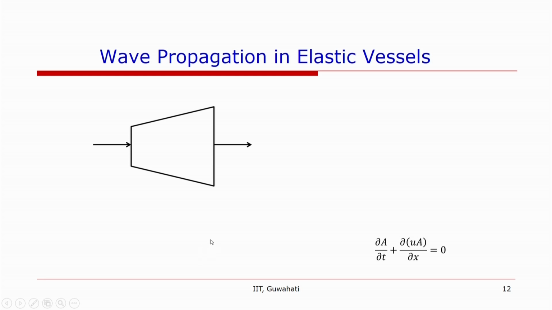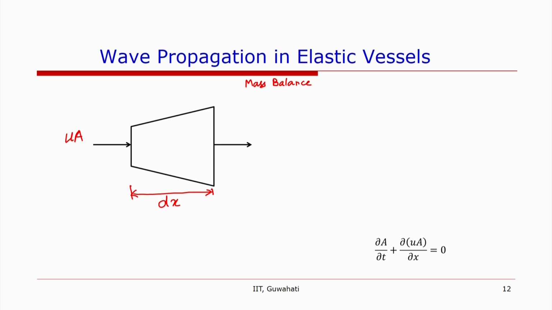Okay. Now next we consider mass balance here. So again for mass balance, as earlier, this length is dx, and the flow that is coming from here, say volumetric flow rate, is UA.